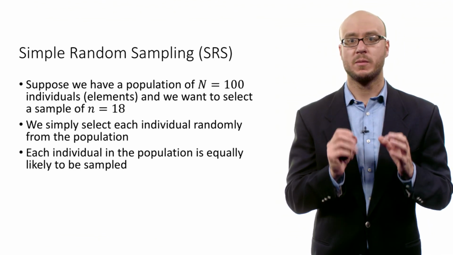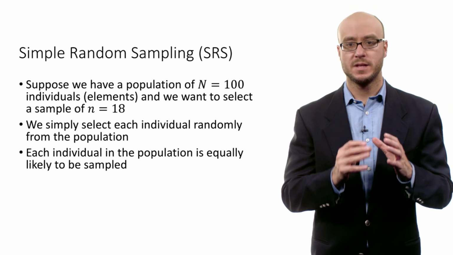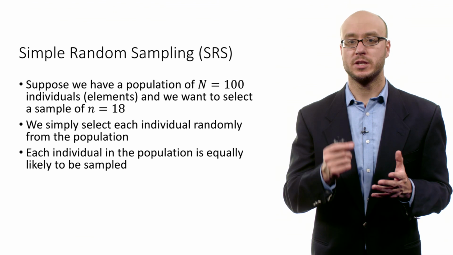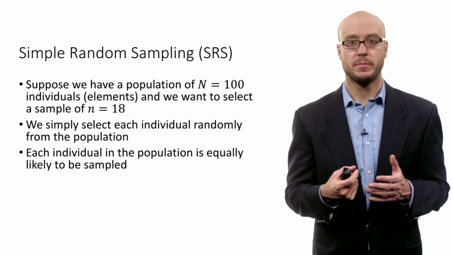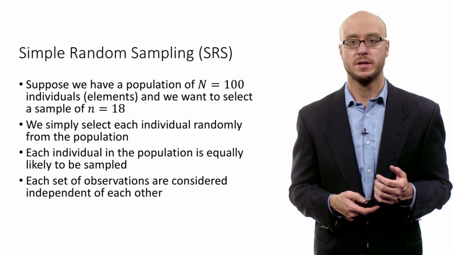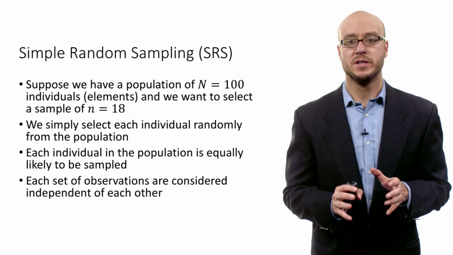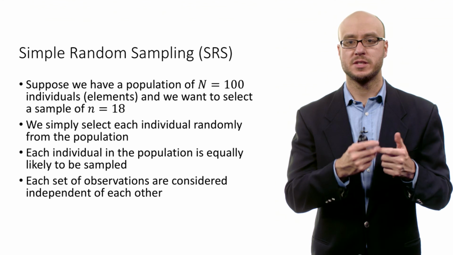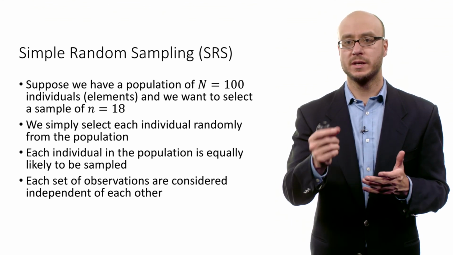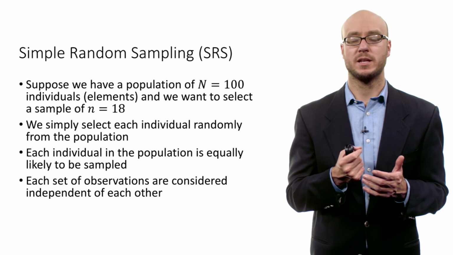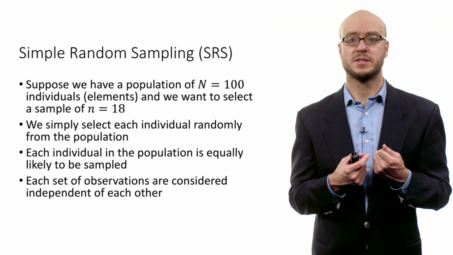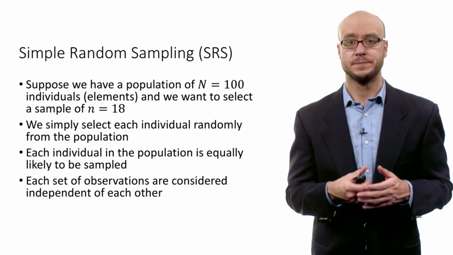The important point about simple random sampling is that each individual in that population is equally likely to be sampled. So each time we draw a person from that population, that person is just equally likely to be sampled as any other person. As a consequence of this, we can say that the observational units, each case, are considered independent of each other. Okay, so knowing that person A was randomly selected from the population won't tell you whether person B is going to be randomly selected. There's no kind of dependency.